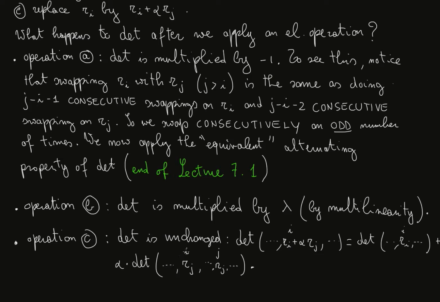Then in the ith position we have the vector Rj, which is the one remaining from the second summand. Then we have a certain number of unchanged vectors, and in the jth position we will have Rj again. Therefore we are in the situation in which we are applying the determinant to n vectors, two of which are equal, one in position i and the other in position j.